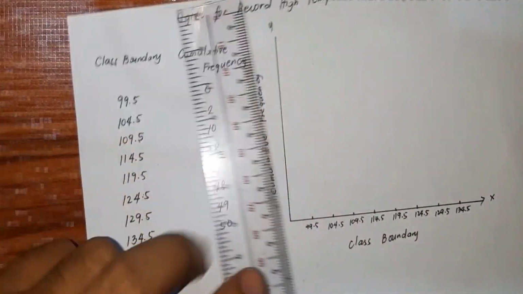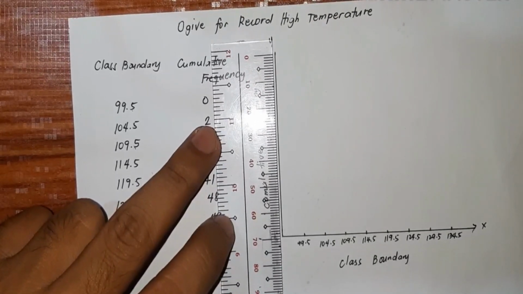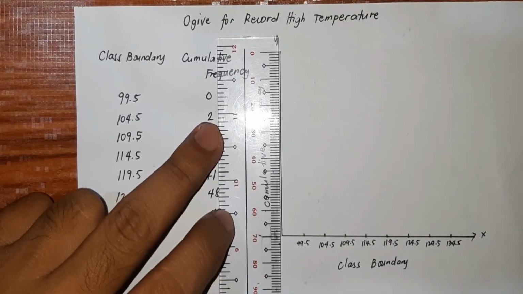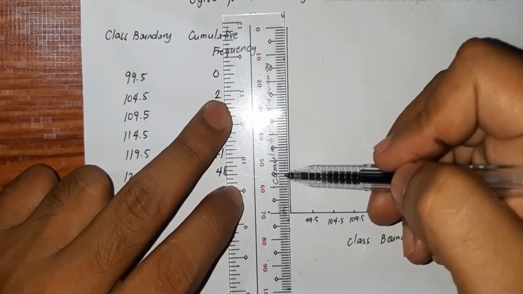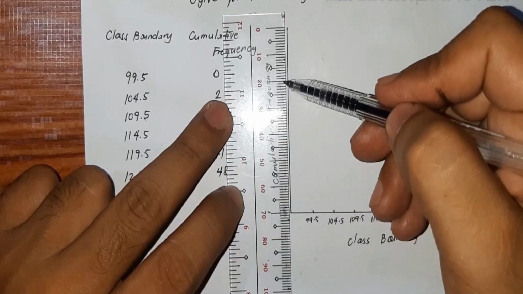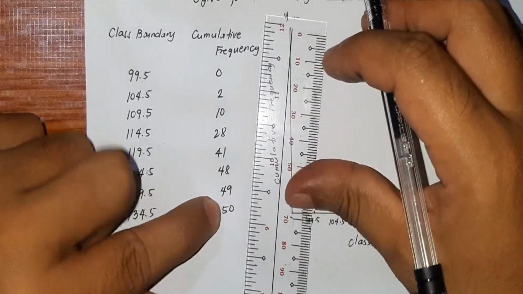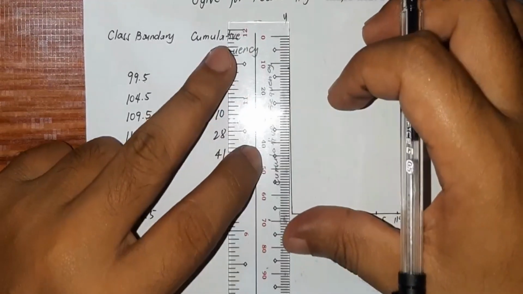Ngayon, construct naman natin itong vertical axis. Okay, so tingnan natin kung kasya ng by 5. So 5, 10, 15, 20, 25, 30, 35, 40, 45, 50. Since 50 yung highest frequency natin, pwede natin siyang ilagay hanggang 50.